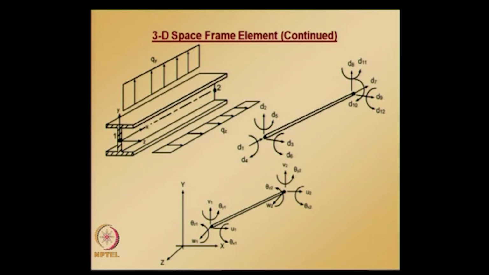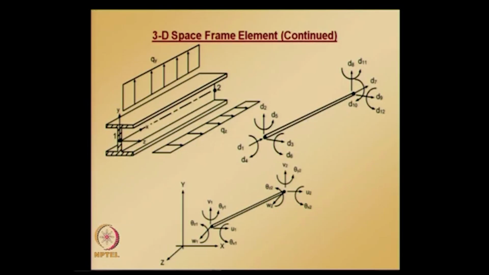A space frame is shown in the figure, and local x axis, local y axis, local z axis are indicated there, and also the displacements and rotations in the local coordinate system are defined. D1, D2, D3 are the displacements at node 1 in the local coordinate system, D4, D5, D6 are the rotations at node 1 in the local coordinate system. Similarly D7 to D12 are the corresponding displacements and rotations at node 2.